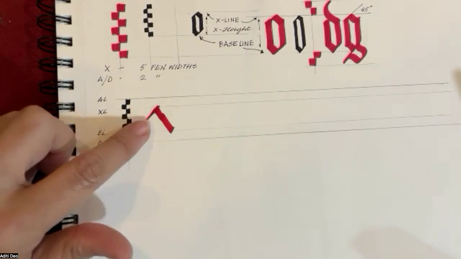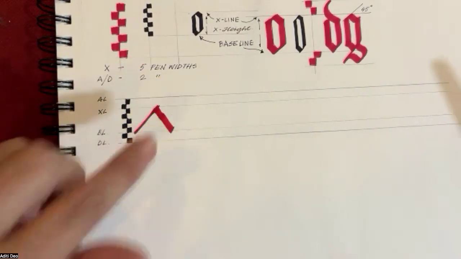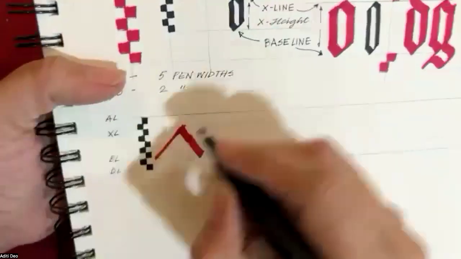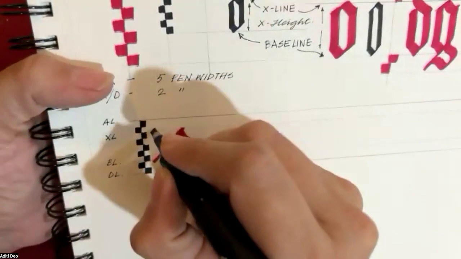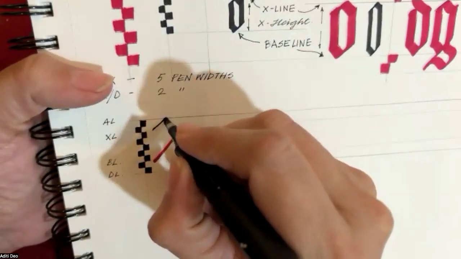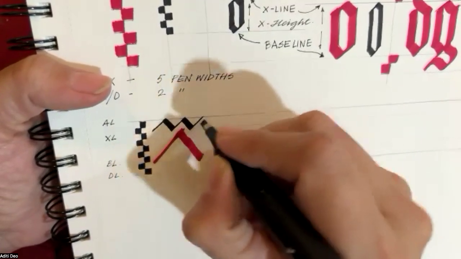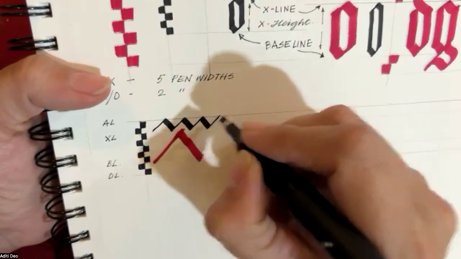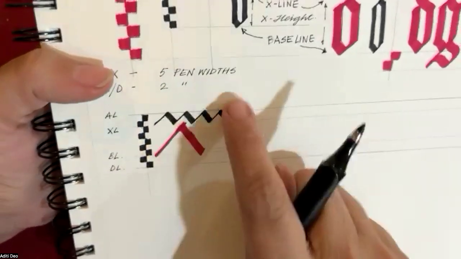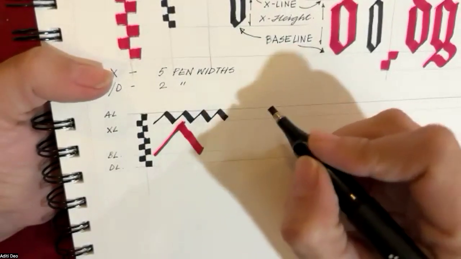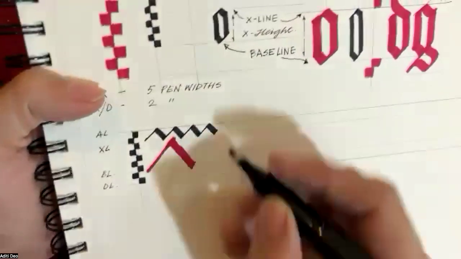Now I've made this in red ink just to demonstrate, but in black ink, this is how it will look. So I'm using the smallest space. Thinnest, fattest, thinnest, fattest. And you can keep making these shapes till you get nice sharp tips at the top and bottom, and you can maintain the angle.